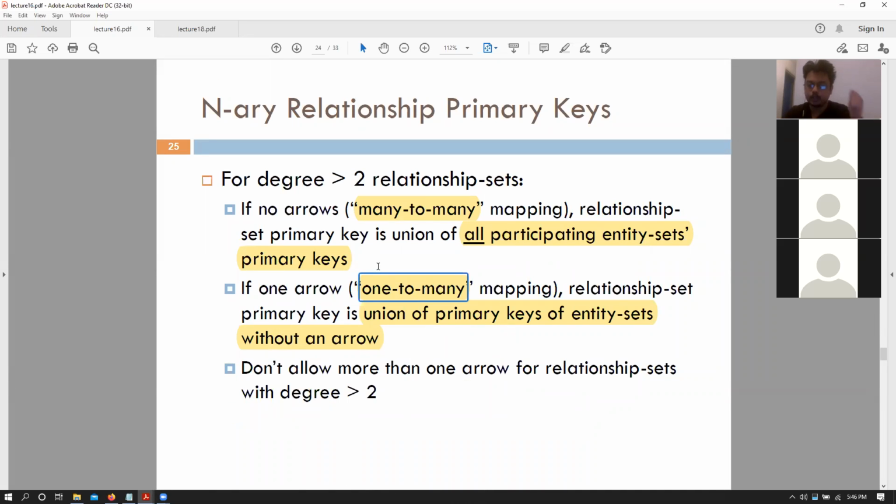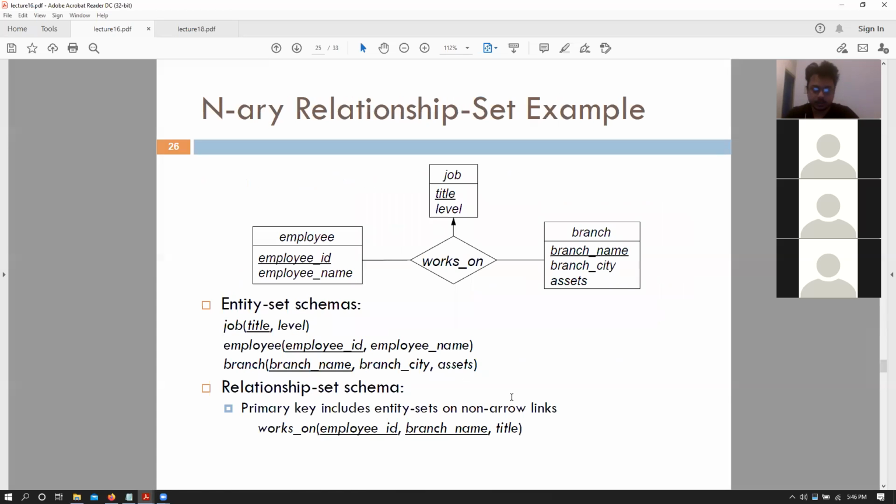But essentially, one-to-many or many-to-one mapping would map to a relationship where the primary keys of that relationship would only be the primary keys for those entity sets that do not have an arrow, right? Basically meaning the many part of the one-to-many or many-to-one relationship, right? Okay.